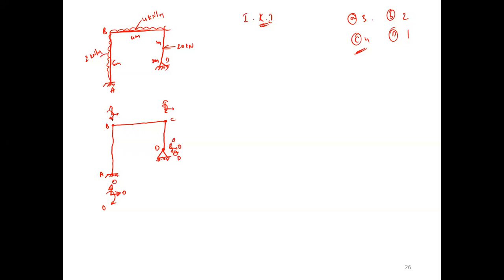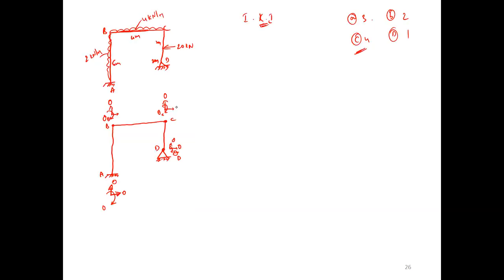When you come to this, I have told you that theta B is possible. Because of this fixity, this will become 0. Because of this hinge, here you have reactions, so this translation is 0 and this is possible. Theta C is possible. Now, all rectilinear frames are subjected to sway. How will it bend?